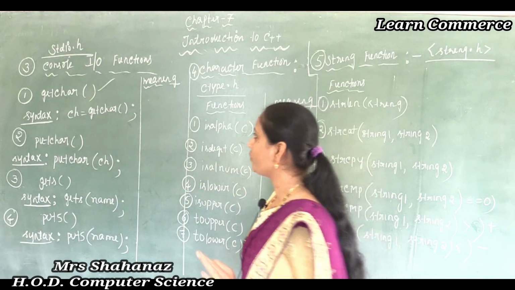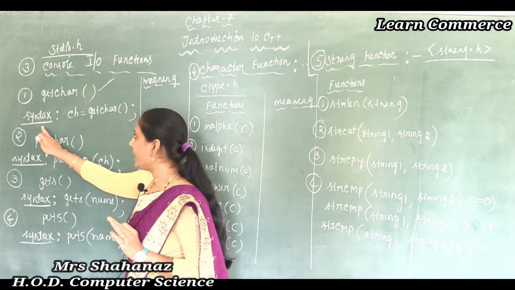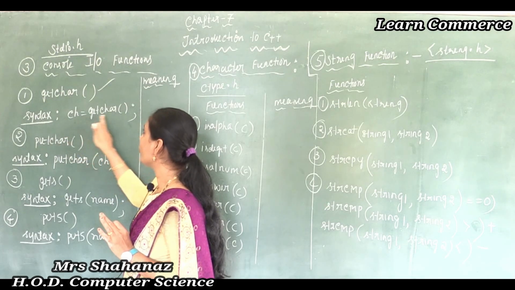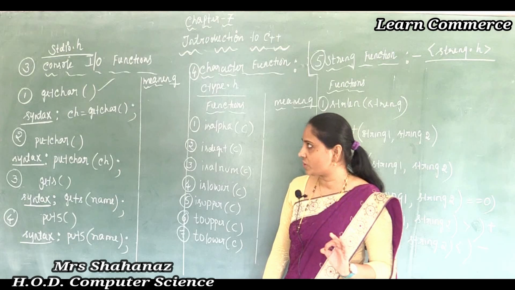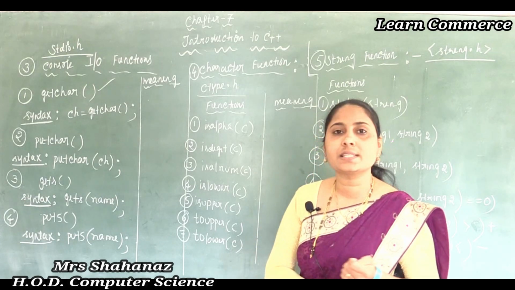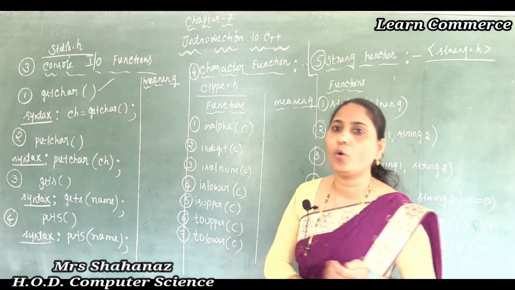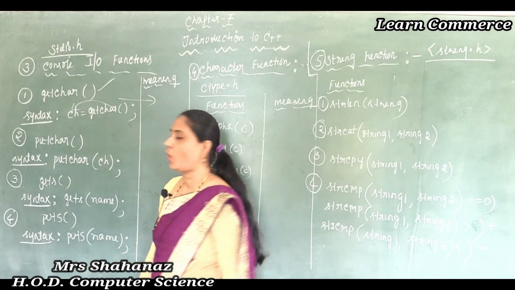Now let's see the first function. The first function is the getchar function, and the syntax is ch = getchar(); Here the first function name is getchar. What is the meaning of getchar?